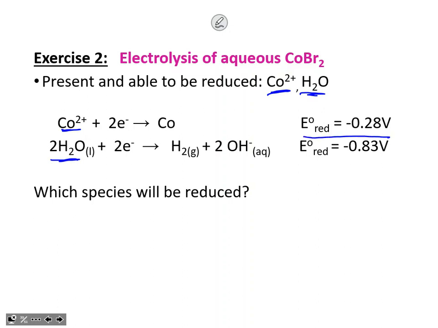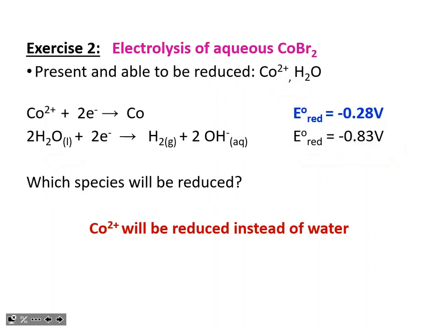We have negative 0.28 for our cobalt 2, and we have negative 0.83 for the water. Which one of these is more positive out of the two possible things that could be reduced at the cathode? Is it going to be the cobalt or the water? Yes, the cobalt. In this particular instance, this would work because the cobalt actually gets reduced because it has a more positive reduction potential.